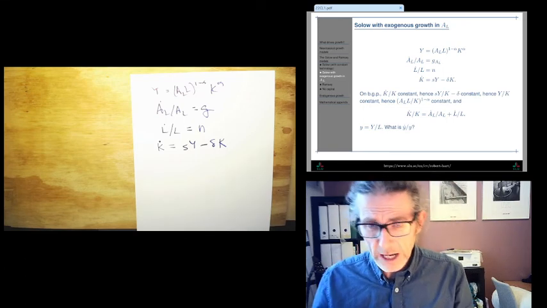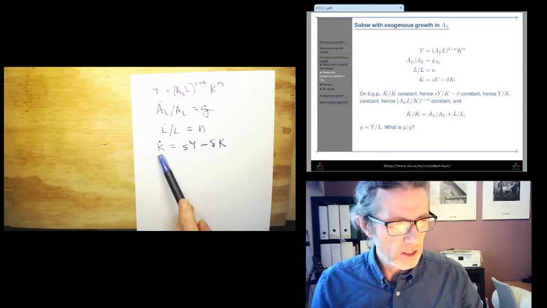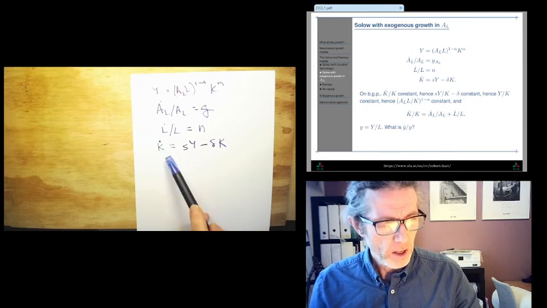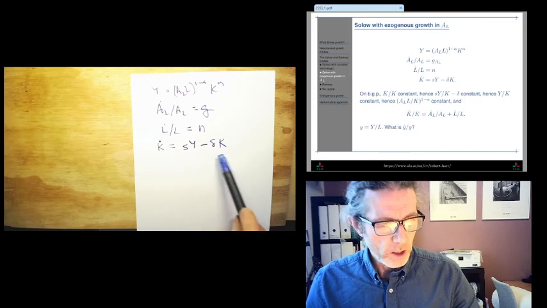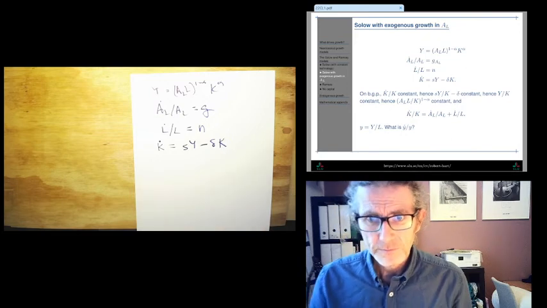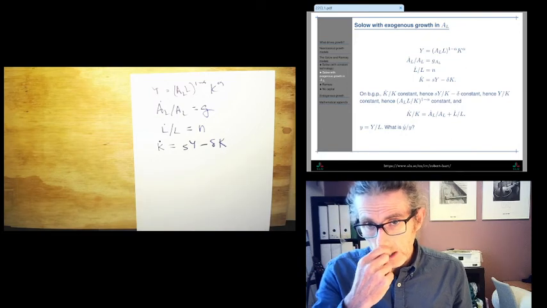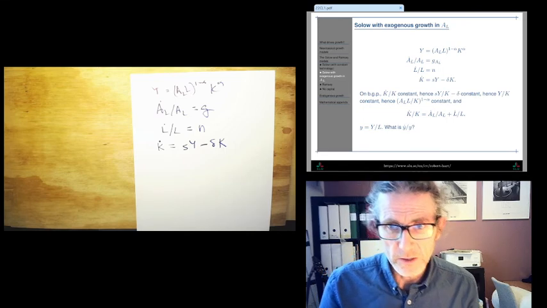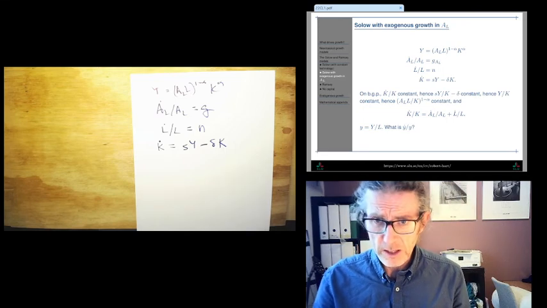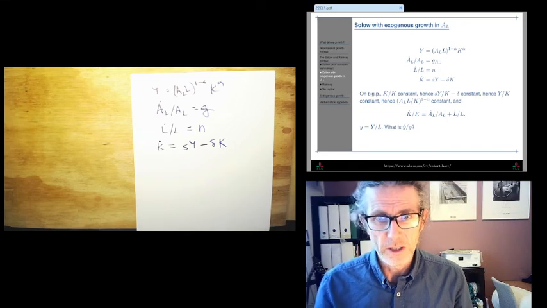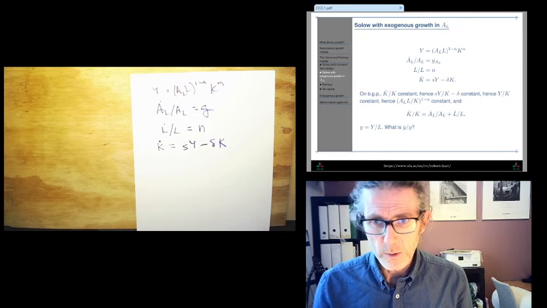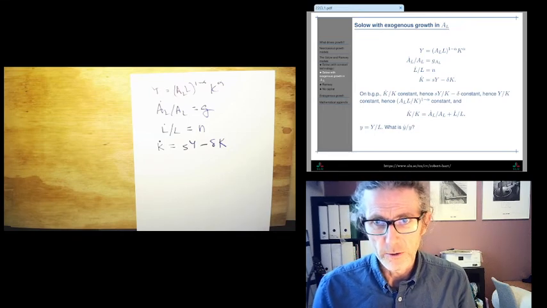If you compare to discrete time, think of it as K(t+1) minus K(t) equals Sy minus delta K. Okay, so that's how we think about the shift from discrete time to continuous time. You need to be able to do both for this course. And it's great to be confident in both in general for economics.